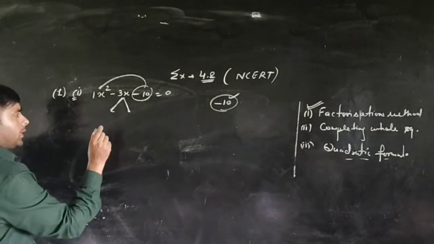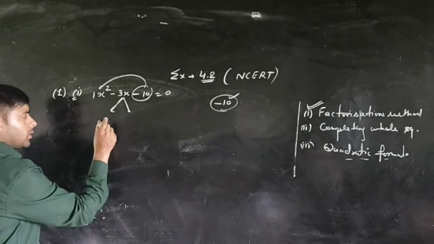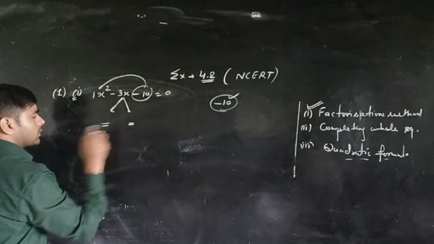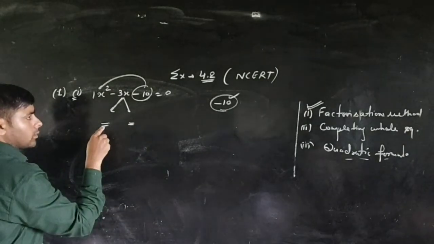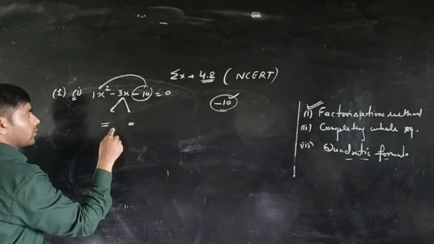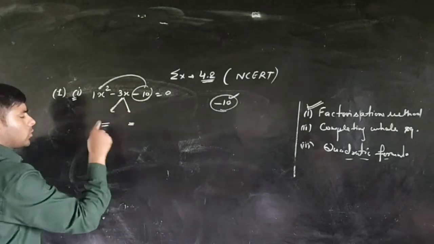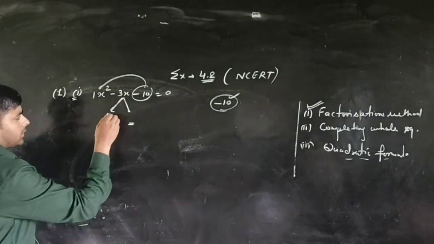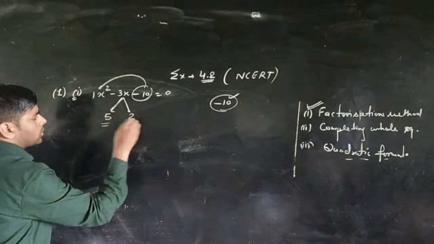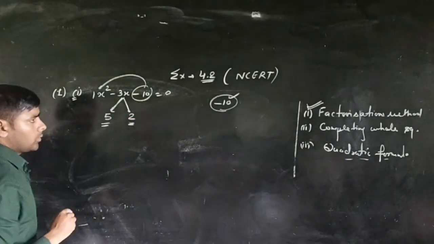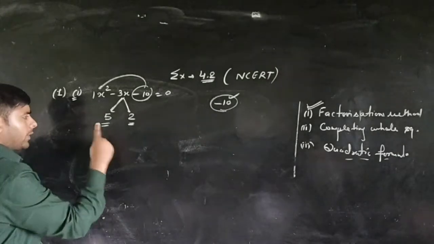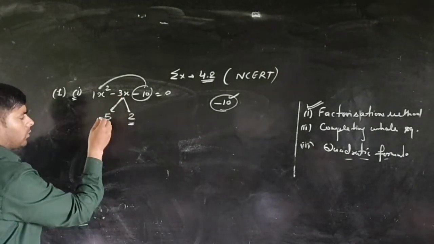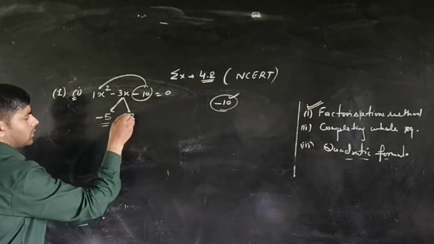Now the first one is smaller and the second one is larger. We split this minus 3 into two parts and their product is minus 10. We can write it as 5 times 2, but one is negative and one is positive. Here the big number is negative and the small number is positive.